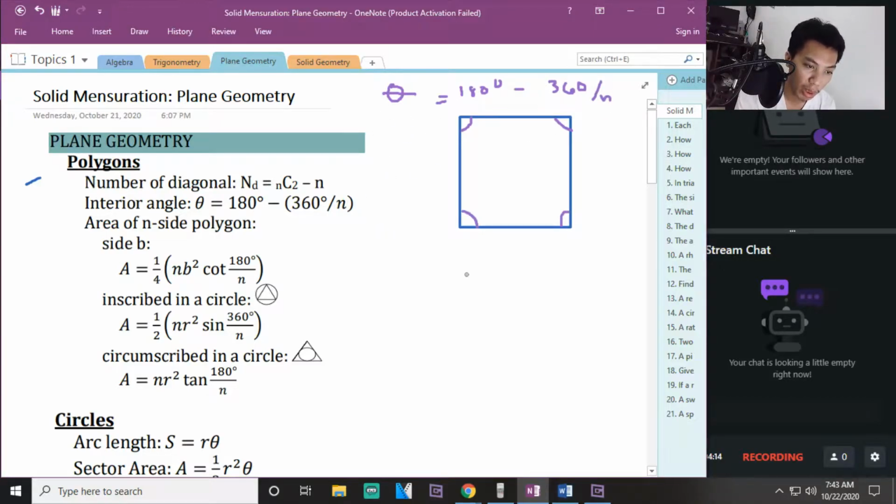Paano naman kapag total of the total number of interior angle? Sum of interior angle.